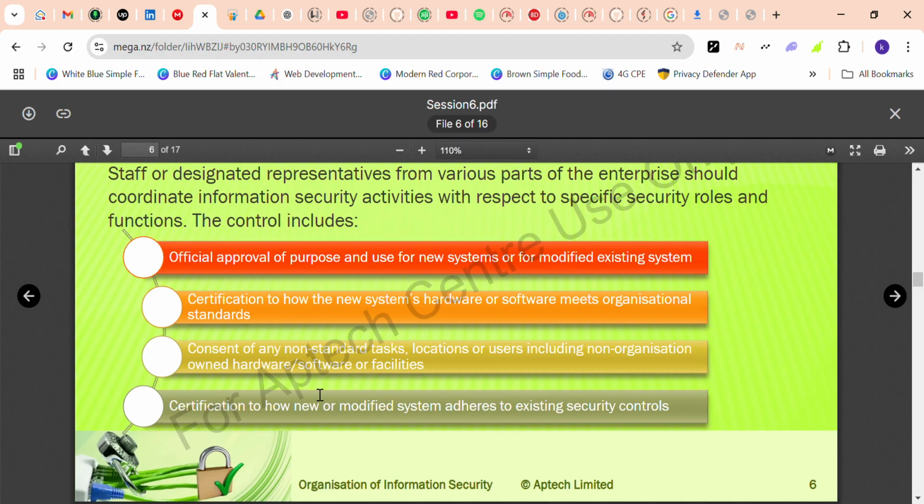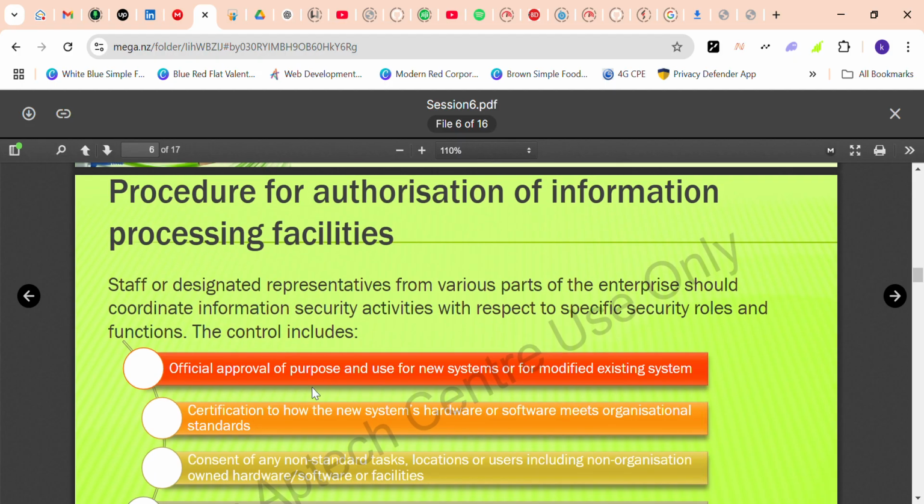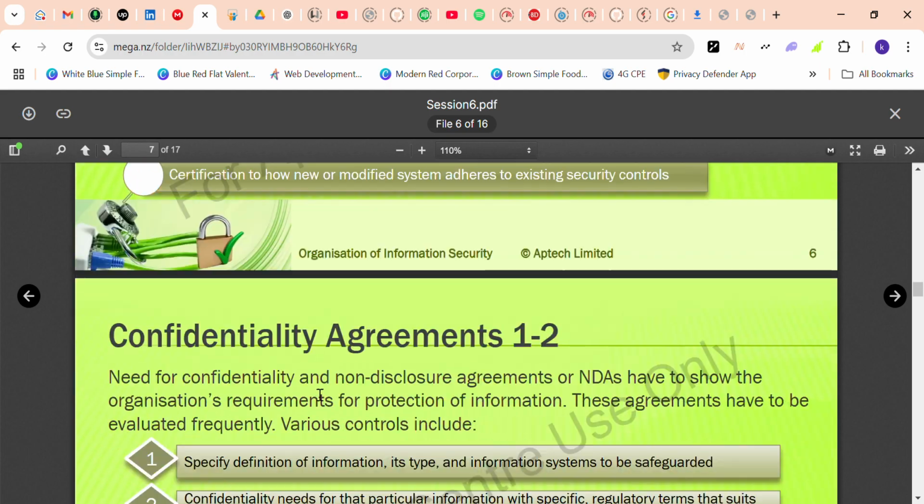And number four, certification of how new or modified systems adhere to existing security controls. So that is the procedure for authorization of information processing facilities.